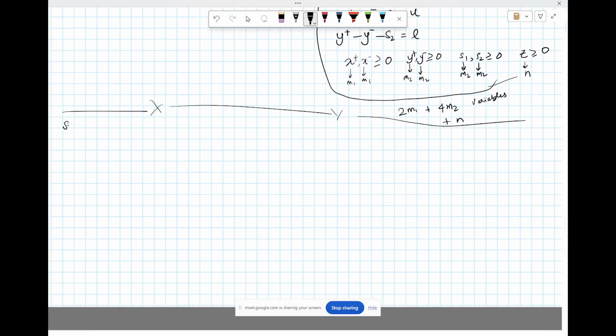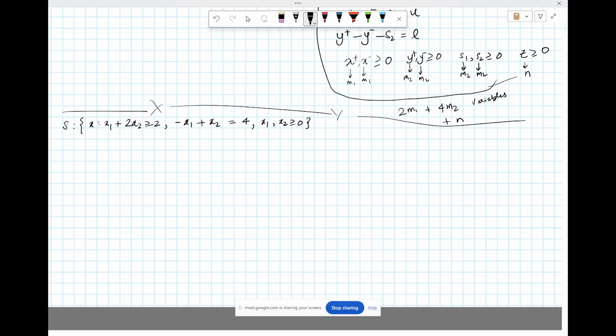Suppose my S is x such that x1 plus 2x2 greater than or equal to 2, and minus x1 plus x2 equal to 4, x1, x2 greater than or equal to 0.